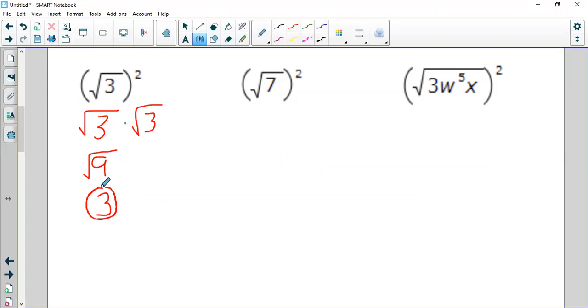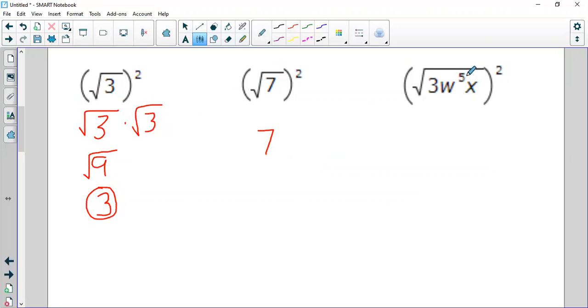And that's because the square and the radical square root are inverse operations. So they just do and then undo each other, which means you don't actually have to work this out. Anytime you square a square root, your answer is just the radicand. So the square of the square root of 7 is just 7.